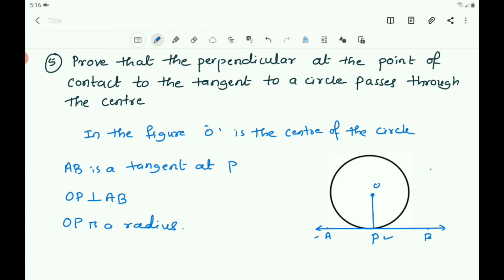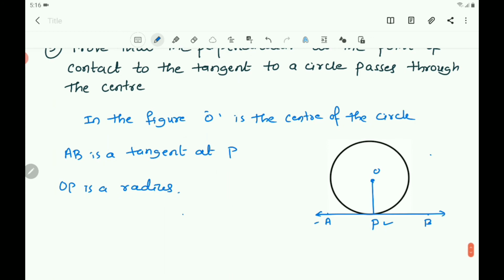That you can write here. OP is a radius and OP is perpendicular to AB.